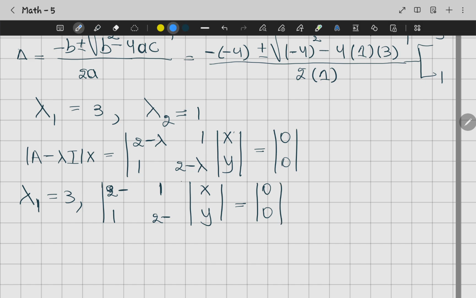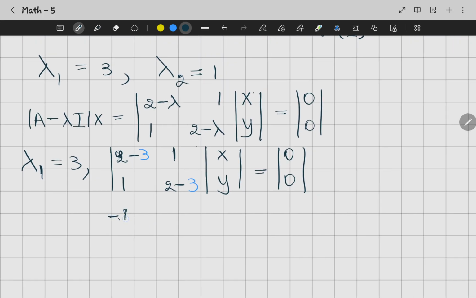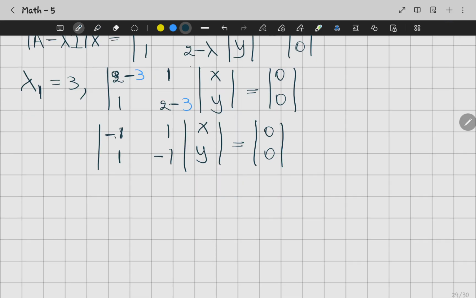If I replace, we're going to have 3 here, 3 there, which is going to give us -1 1 1 -1, x y equal to 0 0 0. So we got ourselves this form. What we do next is we take this block and make it equal to 0.